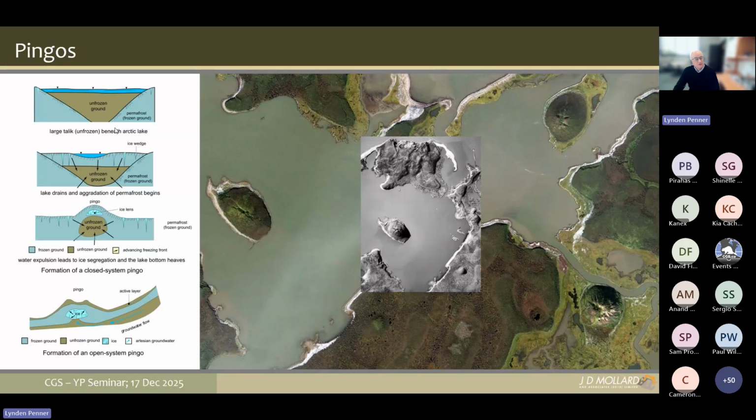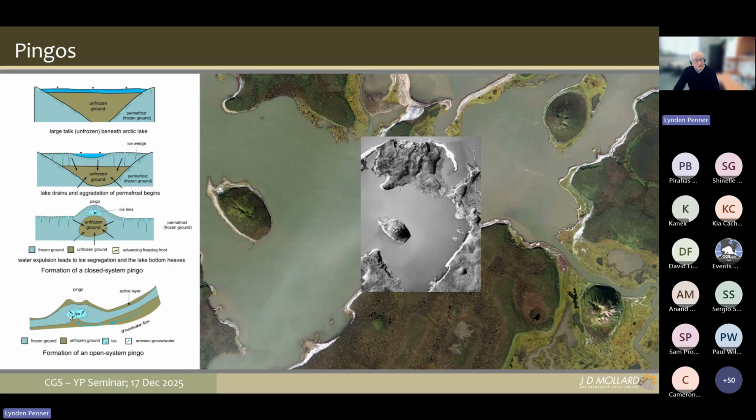Different settings where these features form. The ones here where you've got a body of water, unfrozen ground, and then permafrost forming above this talik, and an ice lens forming above this remnant of unfrozen ground, and that ice lens grows over time as moisture enters the system and adds to that growing ice lens.